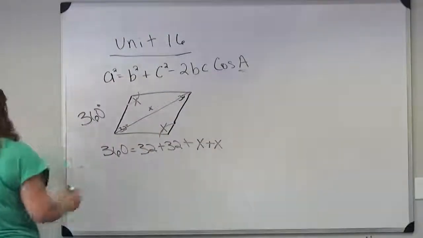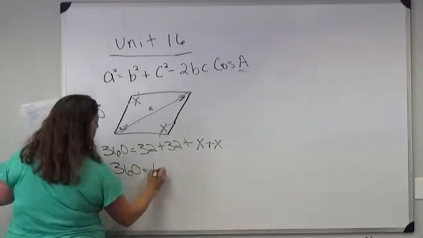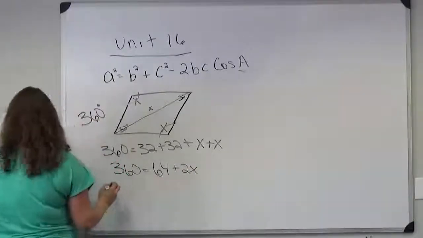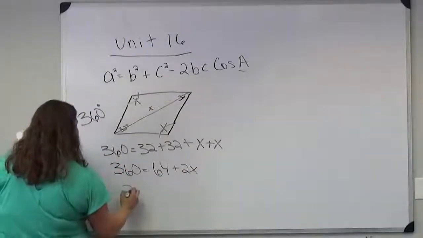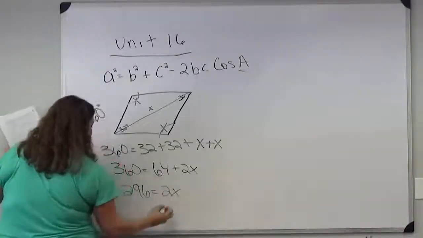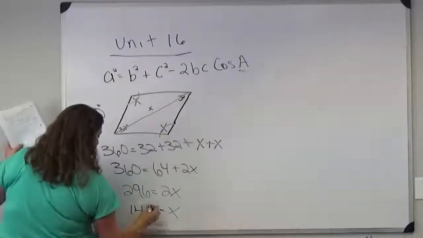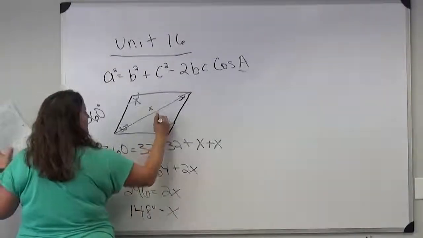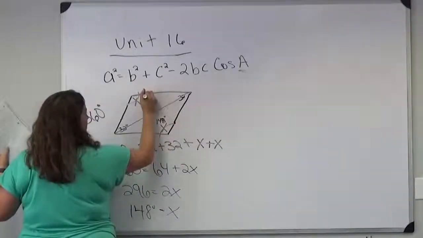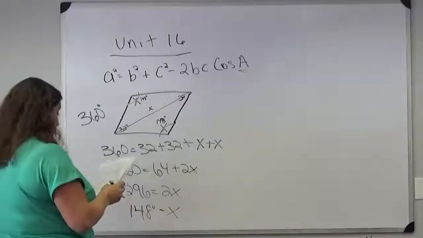So we are left with 360 equals 64 plus 2x. So subtract 64, and you get 296 equals 2x. Divide by 2, you get that x equals 148 degrees. So these angles are 148 degrees.